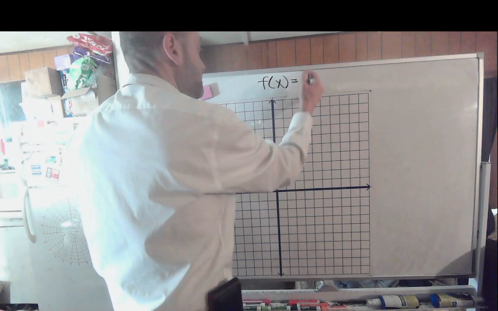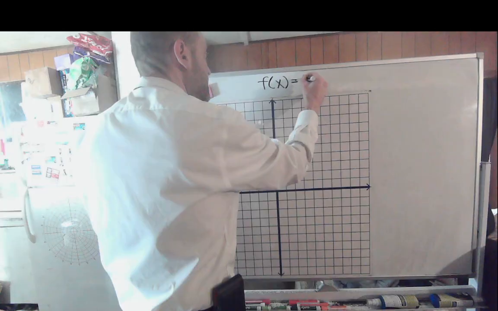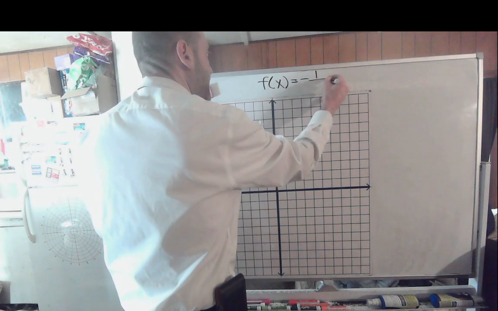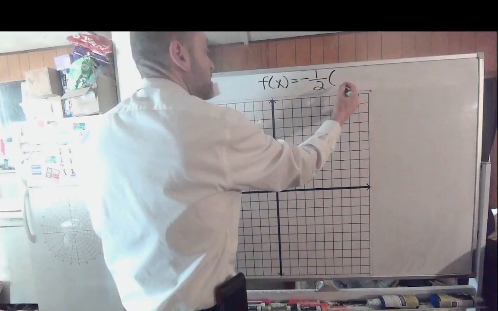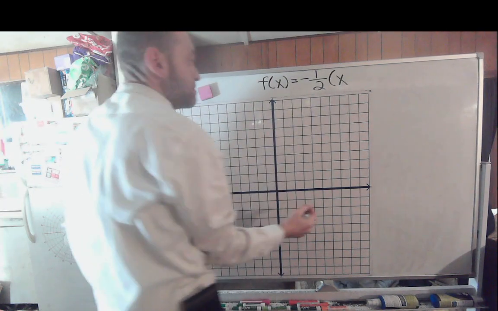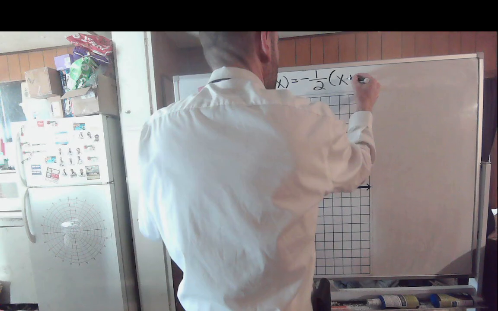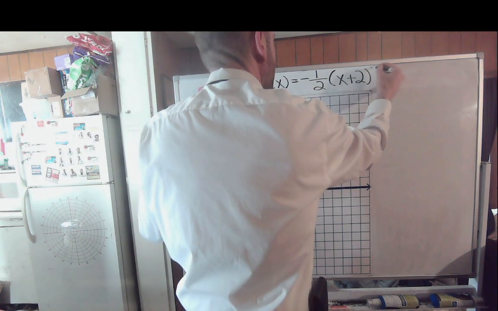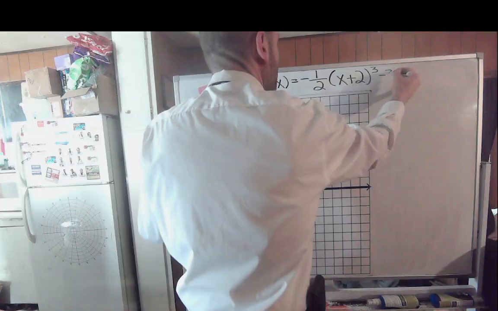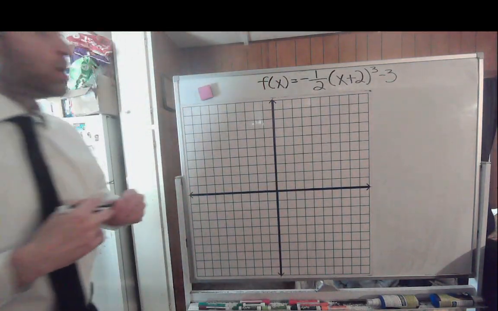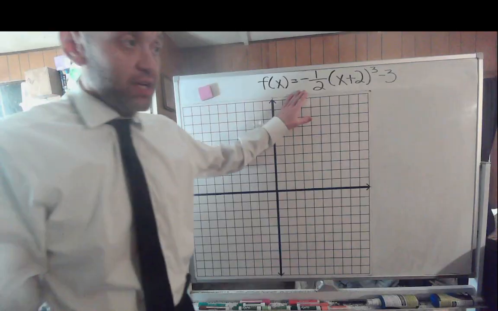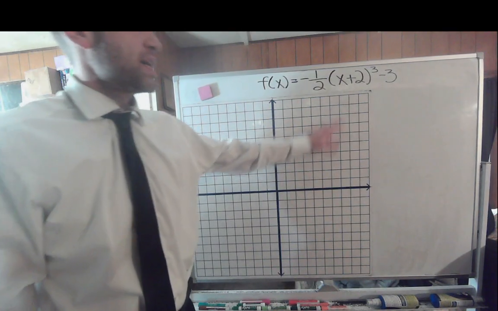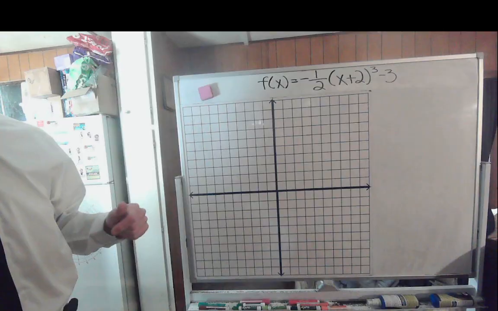So let's see, f of x equals negative 1/2 times x plus 2 raised to the third power minus 3. Alright, so this is a big change in the original f of x equals x to the third. What's really going on here?